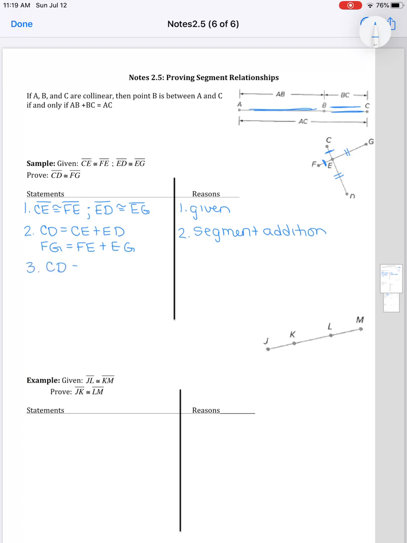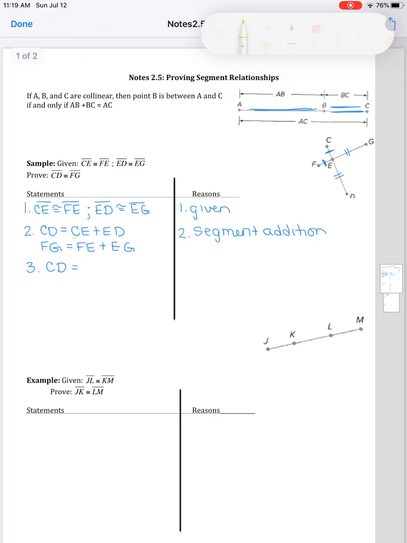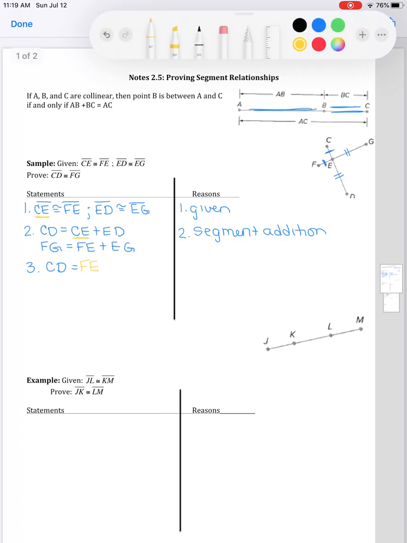Again, you're justifying your reasoning, so it's not just, oh, they have the same marks. What I'm going to do is take my statement for CD and rewrite it. If we look at CD, CD has CE in it. Well, where else do I see CE? Right here. Well, CE equals FE.